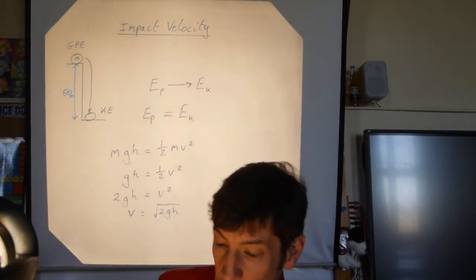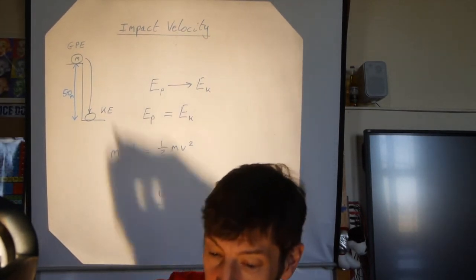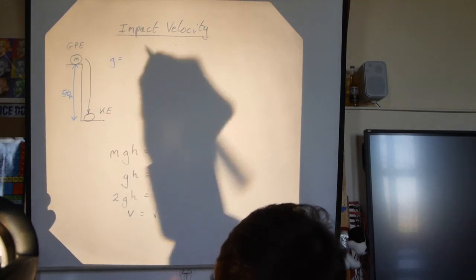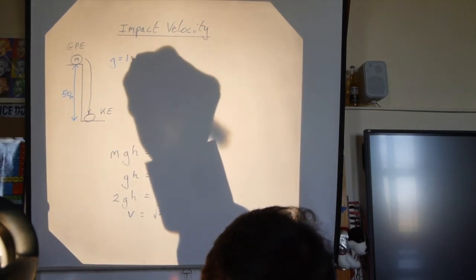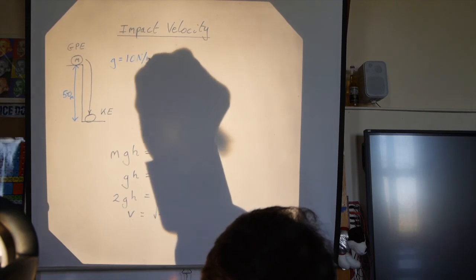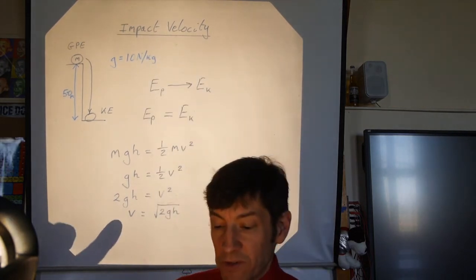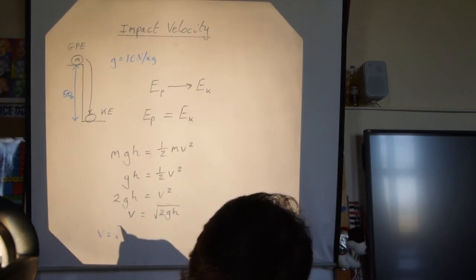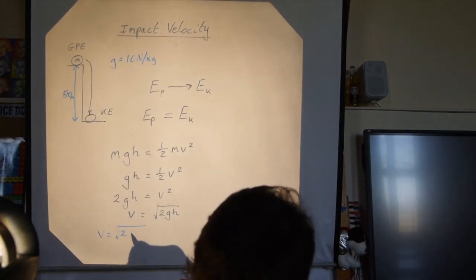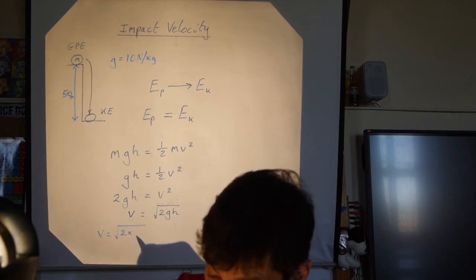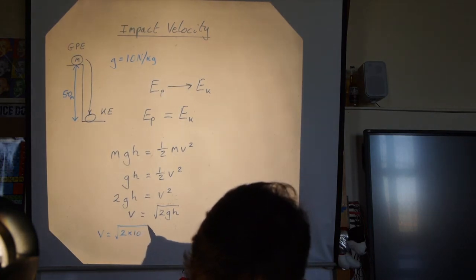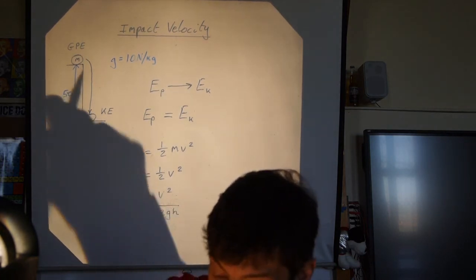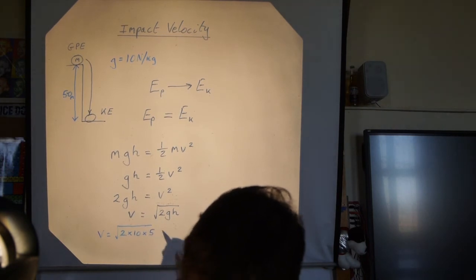We know the gravitational field strength g is on Earth approximately 10 newtons per kilogram, so we can put some numbers into this. v will be root 2 times the gravitational field strength 10 times the height that we lift through, 5.